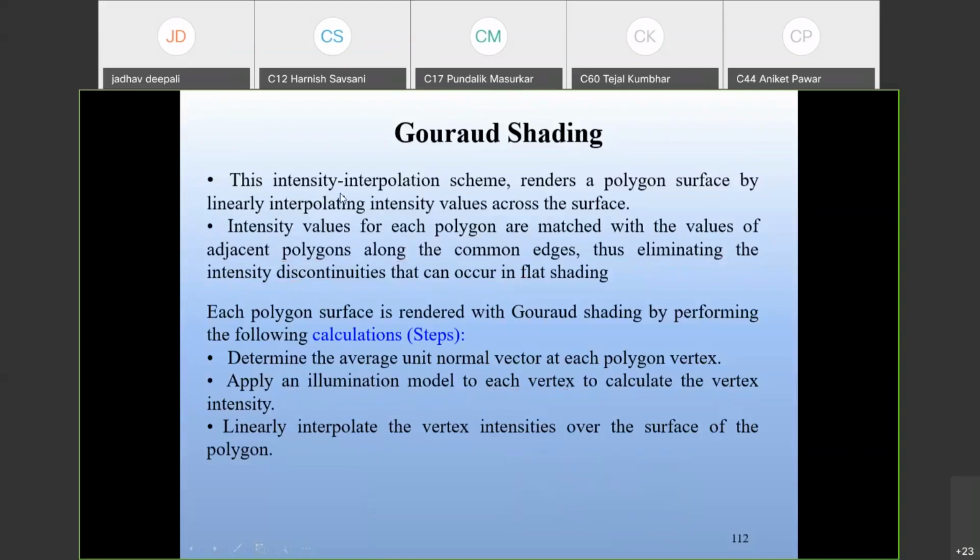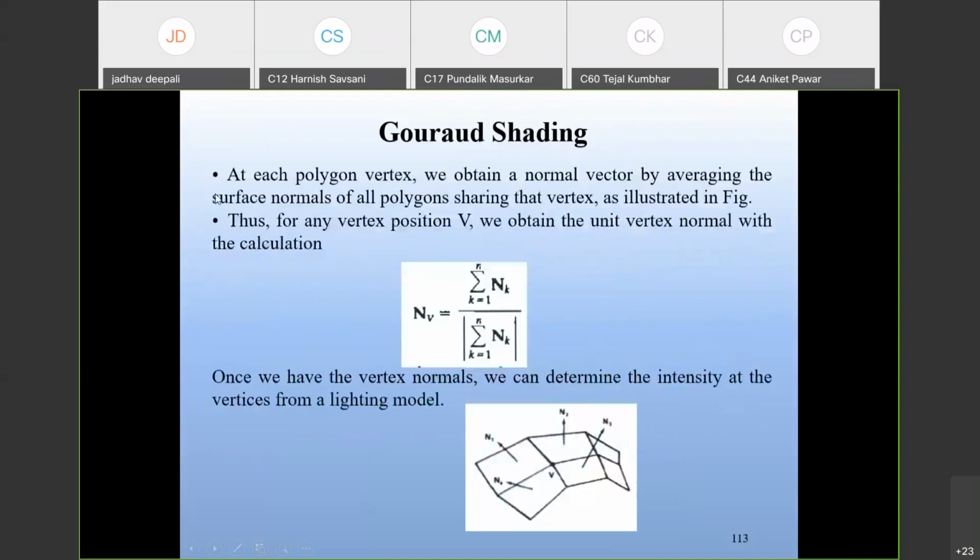At each polygon vertex, we obtain a normal vector by averaging the surface normals of all polygons. I told you that we calculate the surface normals of all polygons. If there are different polygons, then in this way, it is shown here. So this is the first polygon. This is N1, this is N2, this is N3, this is N4, N5, N6, different polygons are there.